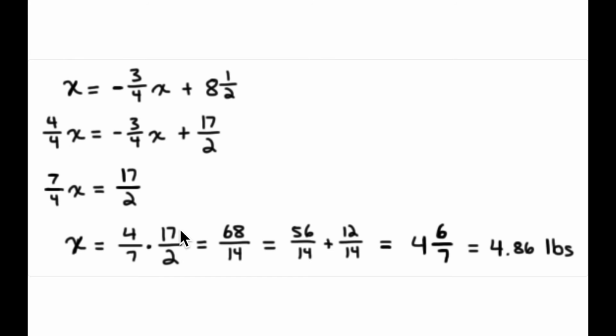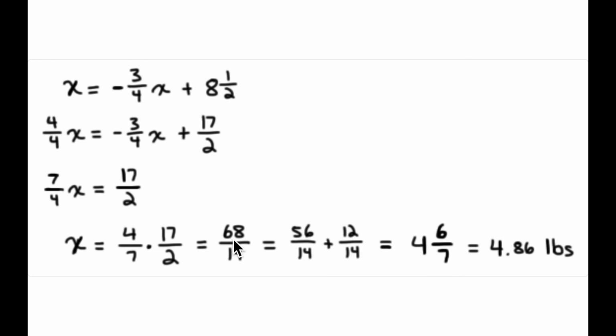It's 4/7 times 17/2. I could have simplified this right now by factoring out the 2 here and the 2 here. So I could have had 34/7, but I multiplied them out. I got 68/14. I want to separate this out into a multiple of 14, and then what's left over? Well, 4 times 14 is 56.